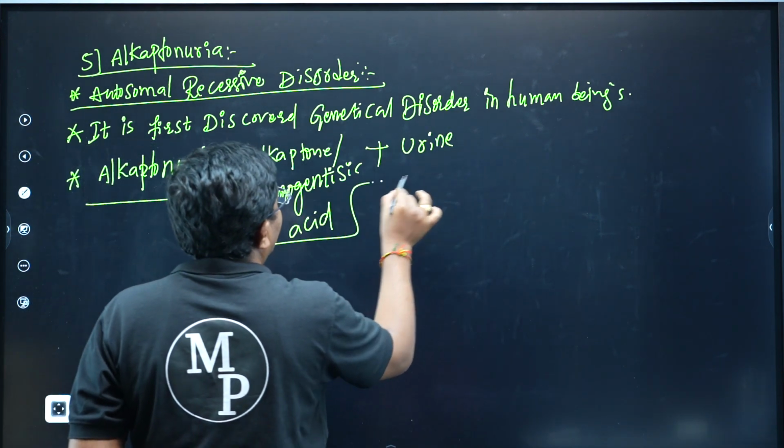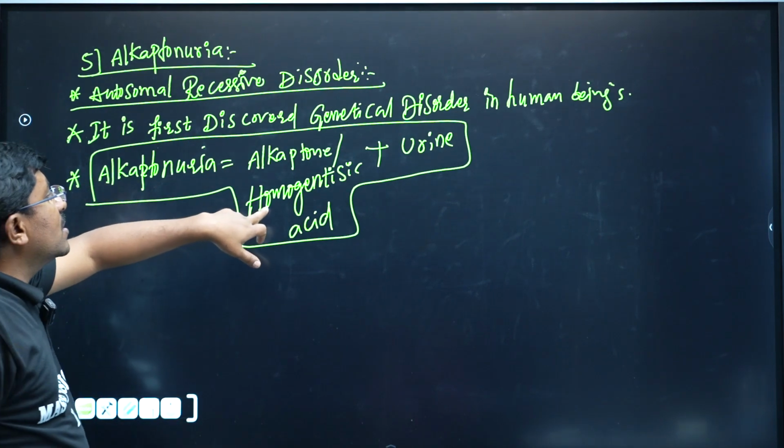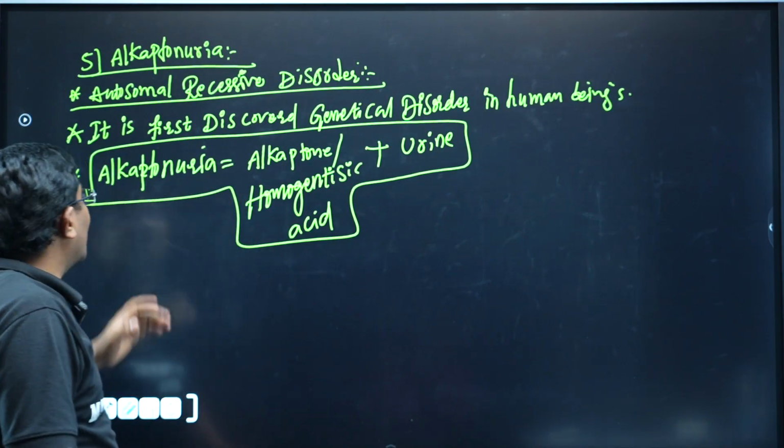So alkaptonuria is the presence of alkapton bodies within the urine.